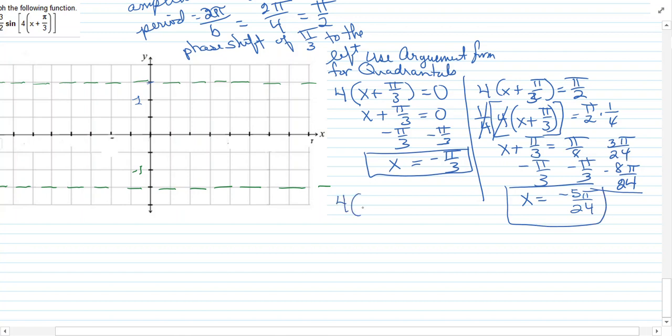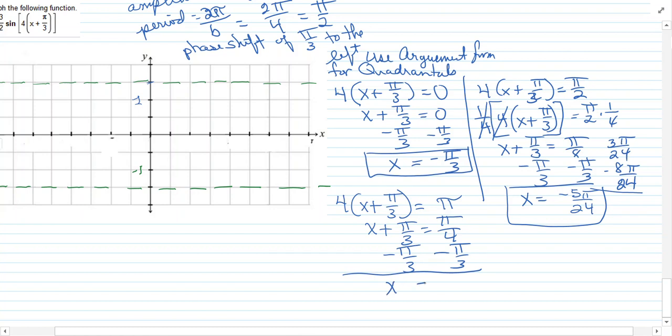So then I'm going to have 4 parenthesis x plus pi thirds equal to pi. I'm going to divide by 4. Then I'm going to subtract the pi thirds. I need a common denominator of 12, and I get negative pi fourths.